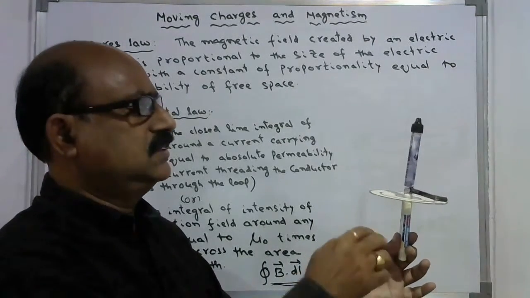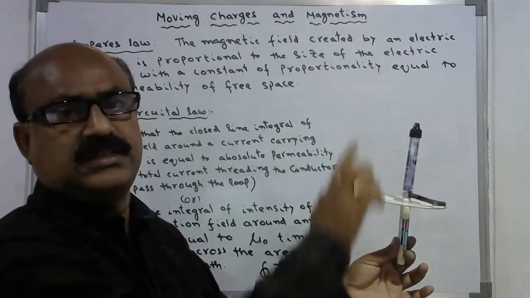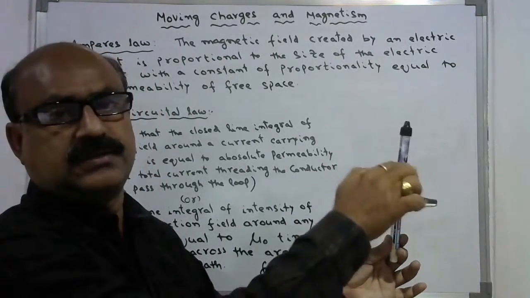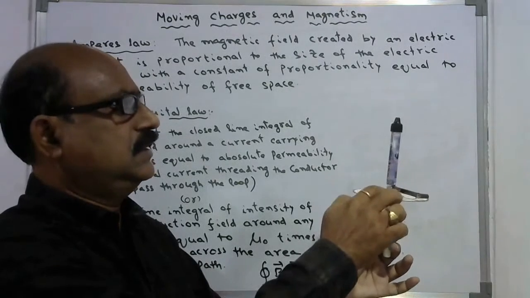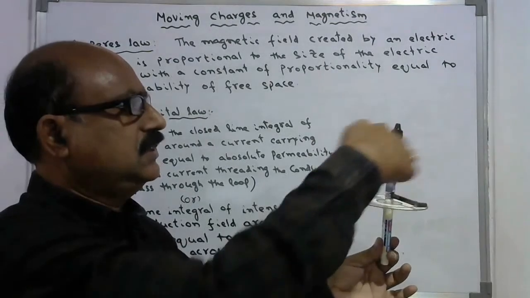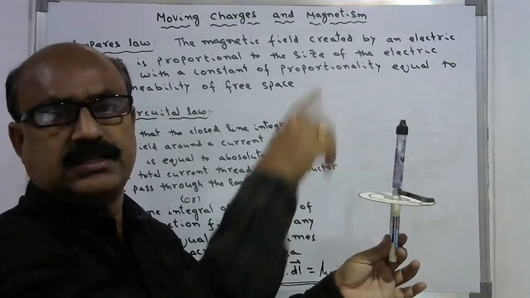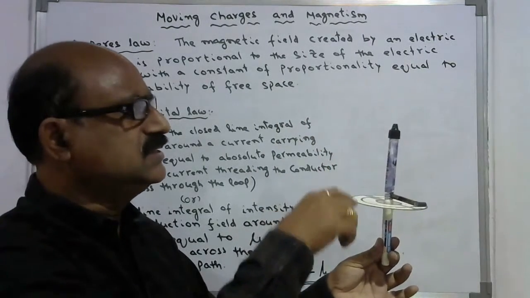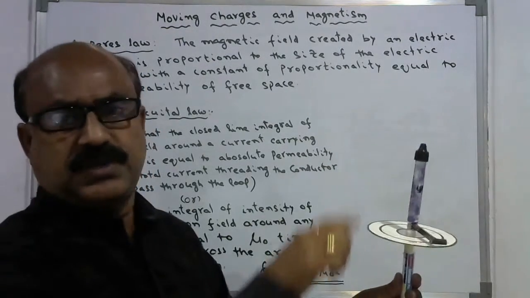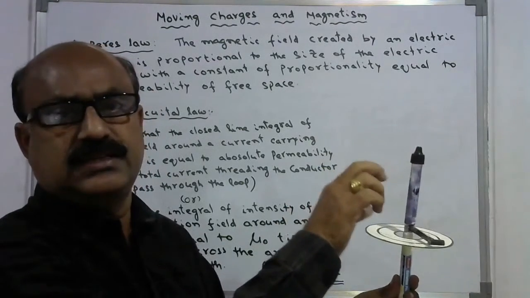So always when a current is passing, this is what is called threading. When the current passes through this particular part, the lines of force form normally on a circular plane, which is normal to the direction of the current. In this case, when a current is passing through this with intensity I, it produces a magnetic field.